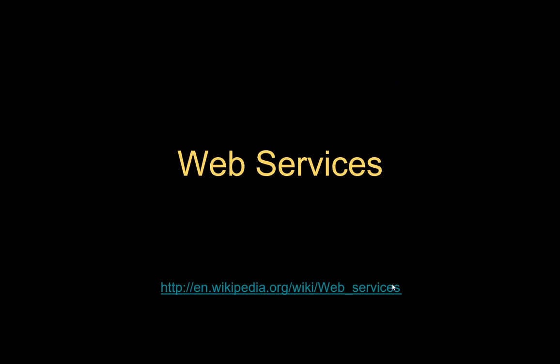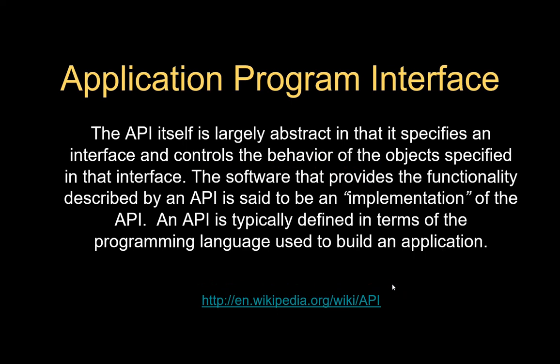So let's talk a little bit more about the web services. So we talked about the API. The API basically provides the functionality. The software that provides the functionality described by an API is said to be an implementation of the API.